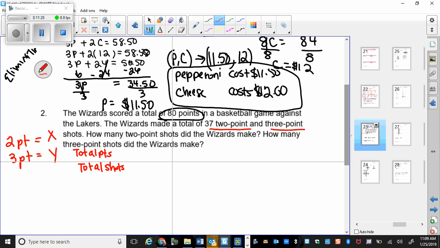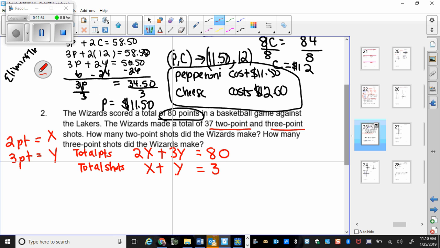Total points: if shots are worth 2 points apiece, so 2x plus 3y equals the total points, so 80 points. And then the shots, x plus y, 2-point shots and 3-point shots, equals 37. I made a mistake up here, that should be plus 3y.